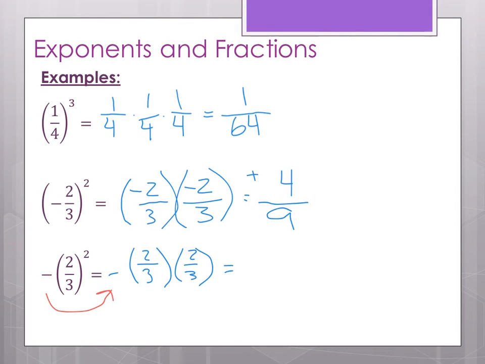So my answer, that negative again, is going to follow me to the front. I've got 2 times 2, which is 4. Then 3 times 3 is 9. So in this scenario, I get a negative 4/9. So depending on if that negative is on the inside or on the outside, it may change the sign of your result.